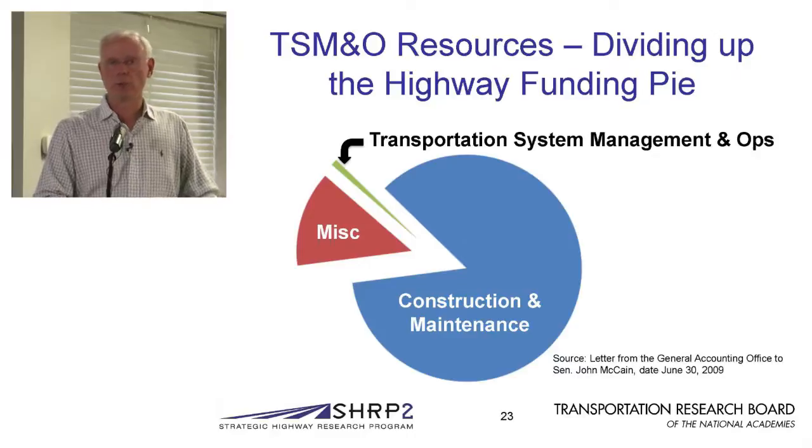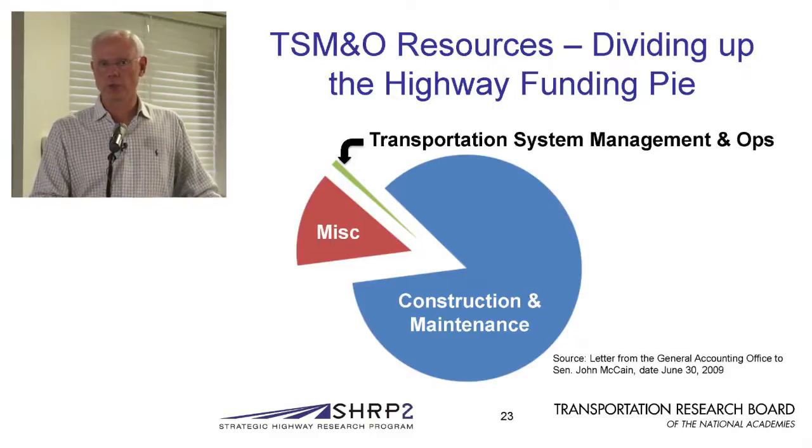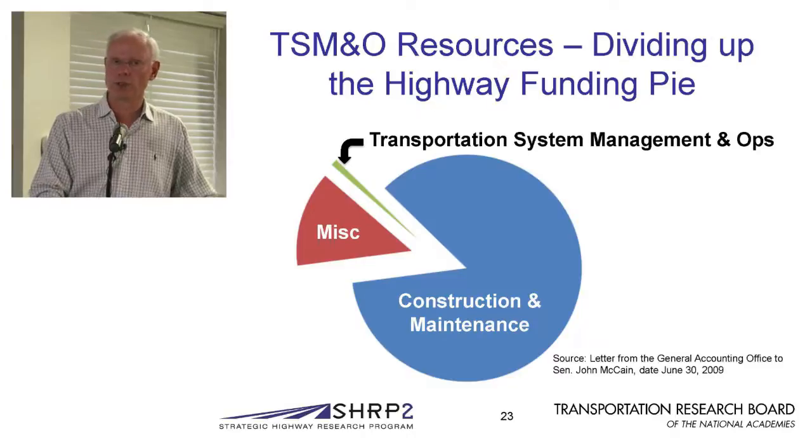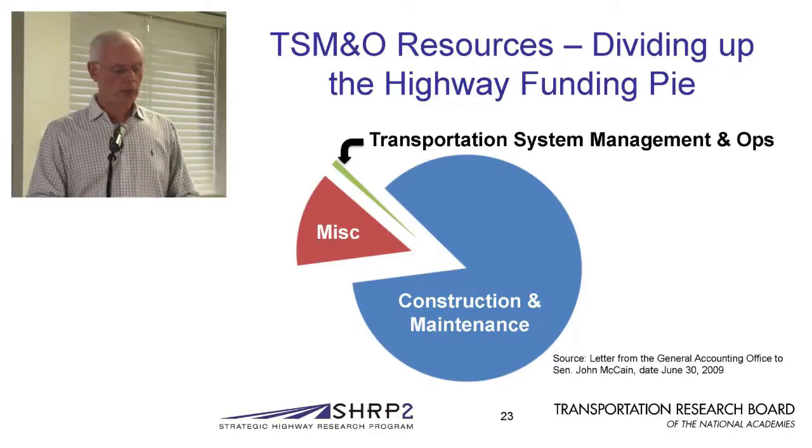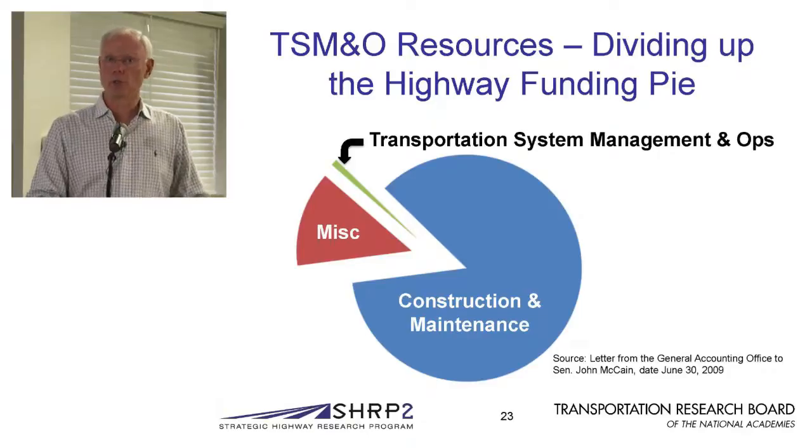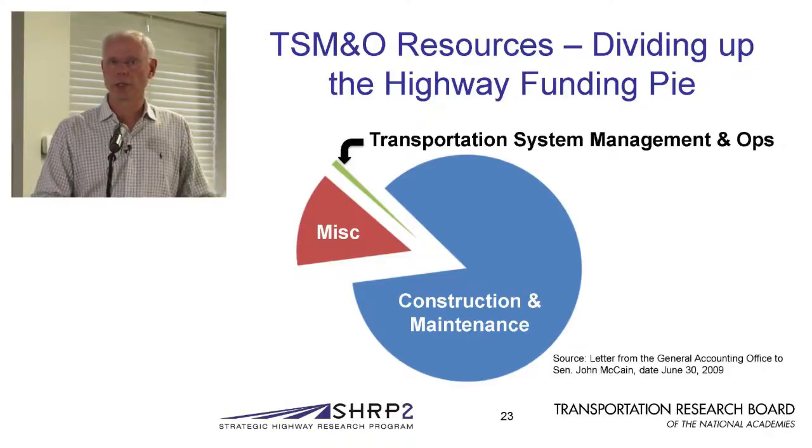So study after study points to the need for revitalized transportation infrastructure in the U.S. We all feel the pressure to do a better job of managing and operating the facilities that are out there through TSM&O, but we're all talking about a small pie. And so probably the solution doesn't lie in arguing with each other about what our share of the pie is vis-a-vis somebody else, but more realistically and more fruitfully lies in doing what we can to help grow the pie so that we all have more resources to do better jobs, as we'd all like to do.